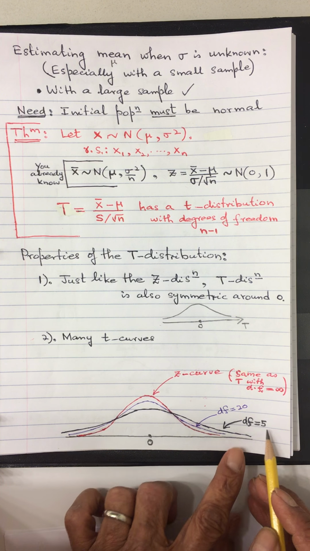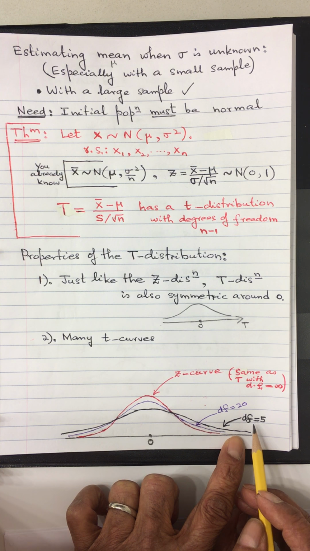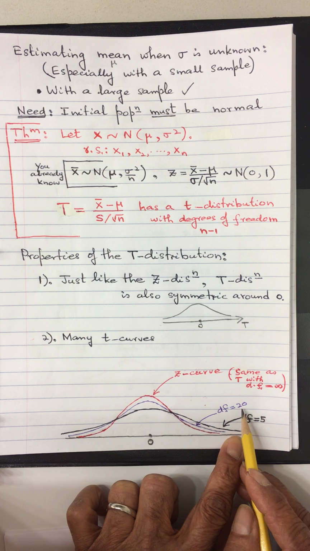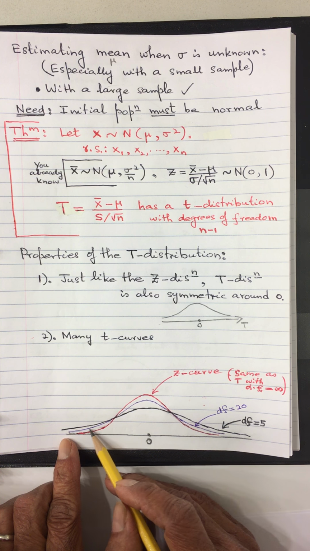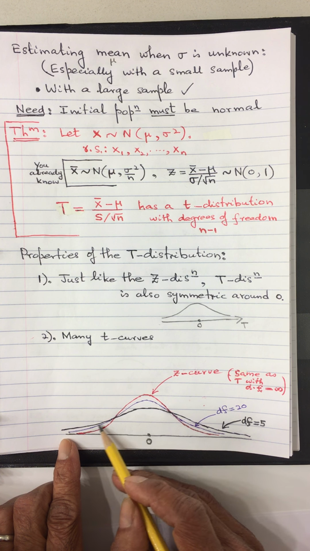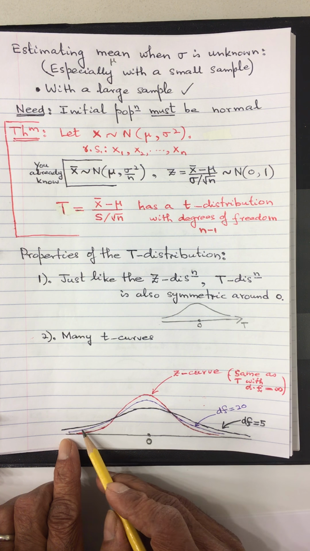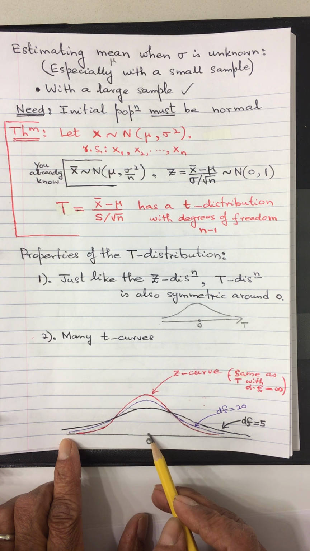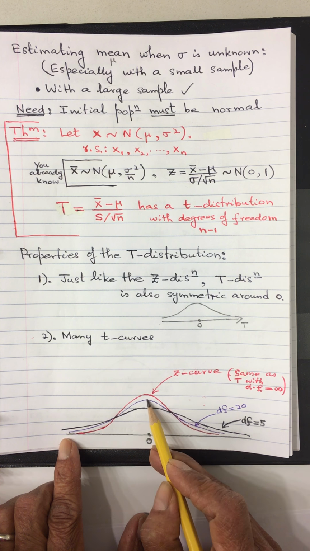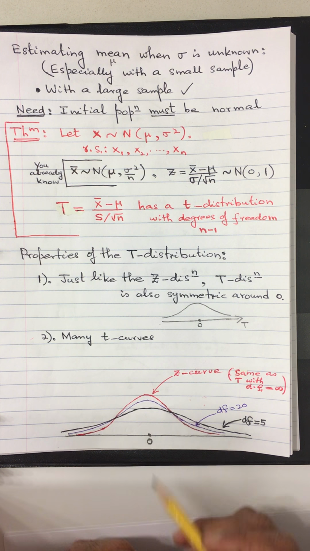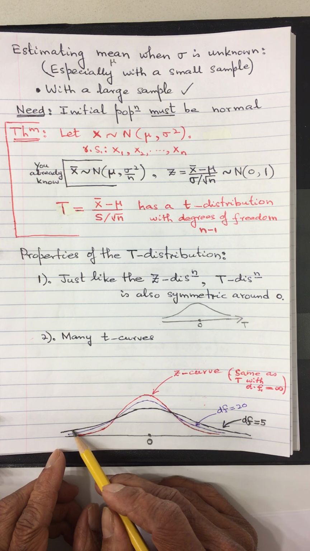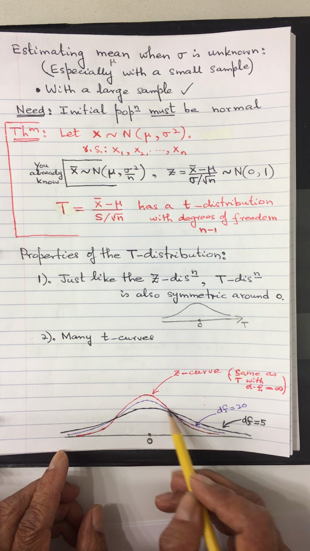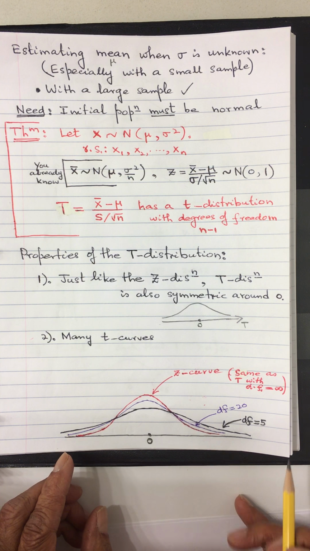If you compare it with the t distribution with degrees of freedom 20, the purple line, it goes a little bit lower here. It has to be higher over here, because it has to be symmetric around 0 and the area underneath the curve has to be 1.